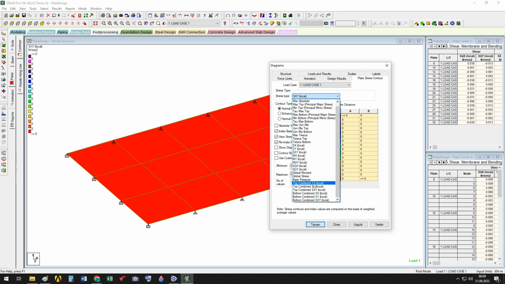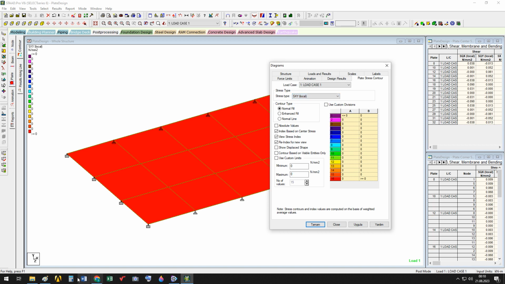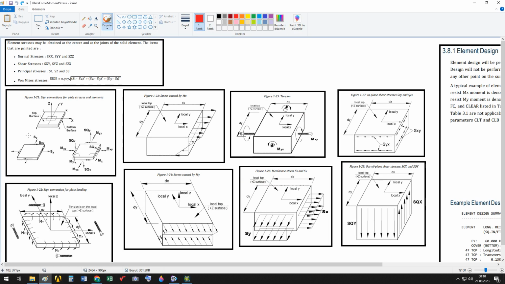Now those values, try to understand what those values are. Top combined, top combined, top combined. So what could be those values? We have a normal stress because of Sx, and we have a normal stress because of Mx. So if you combine those at the top, the normal stress value in the x direction would be higher.